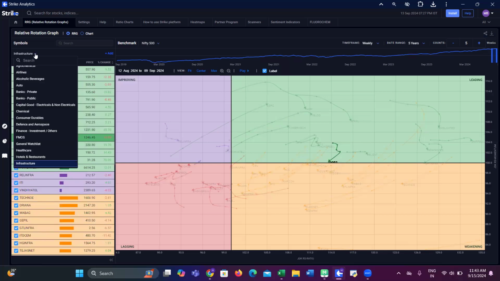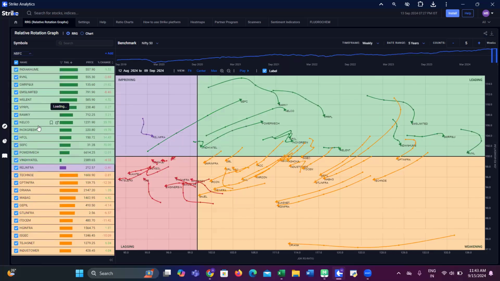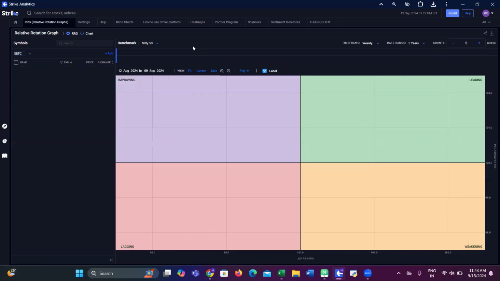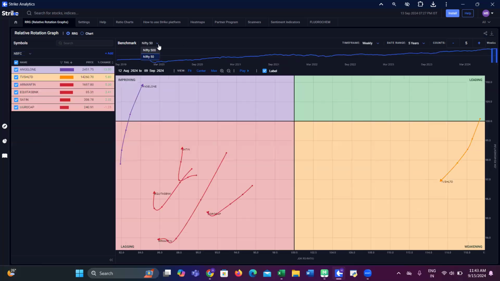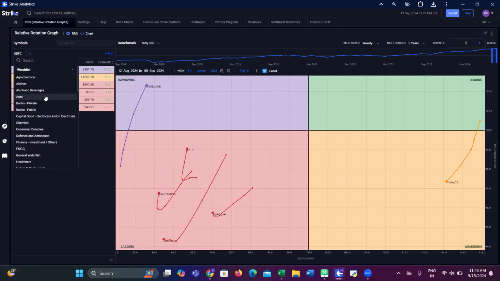Now, I wanted to give you an example of one of the tweets that I posted on my X account. If I can go back and show you something here. Not this one, just a minute.